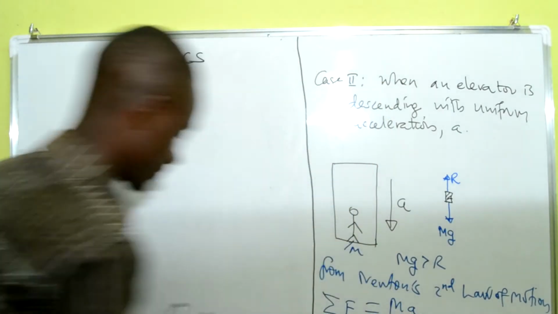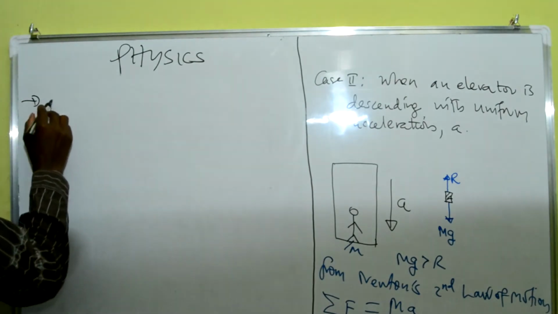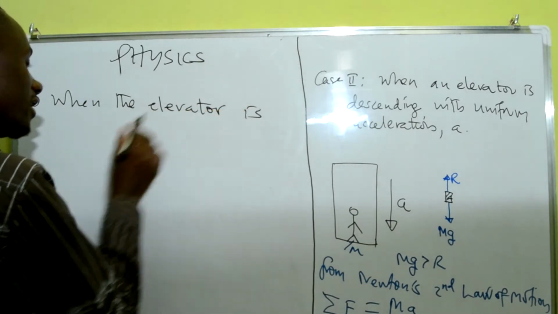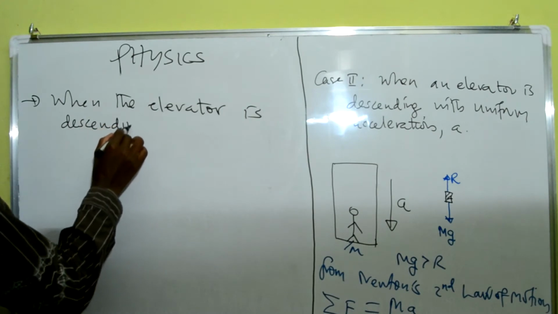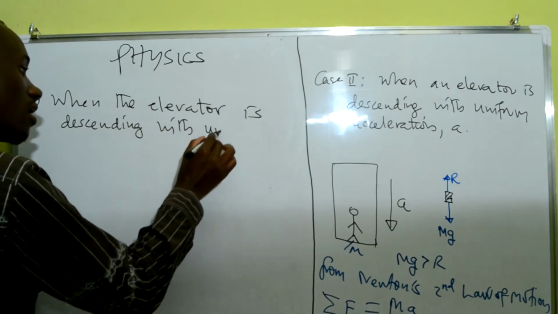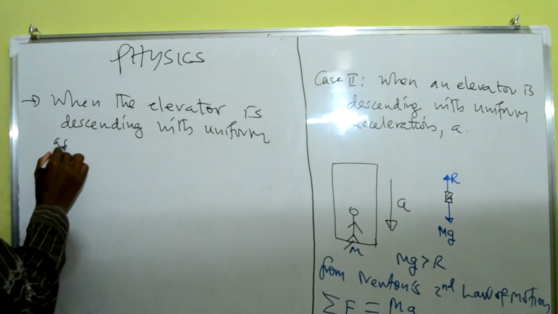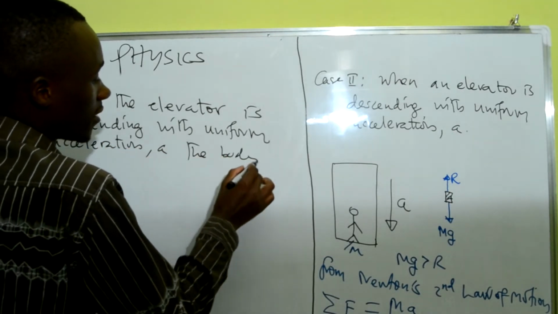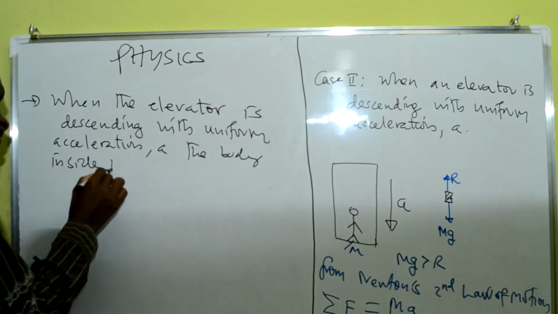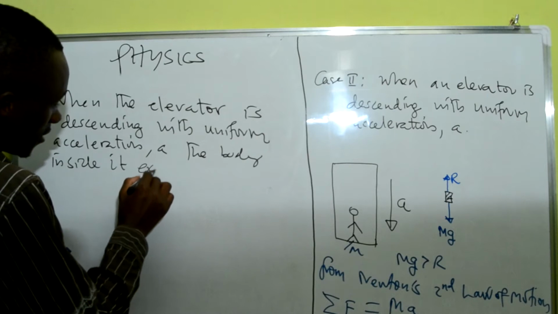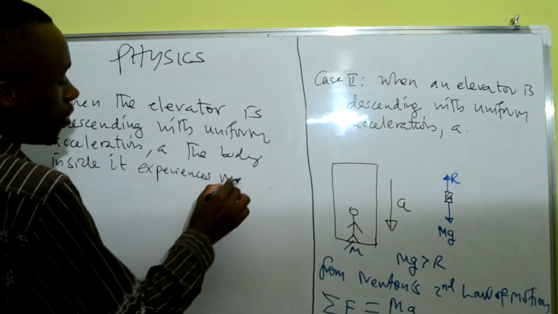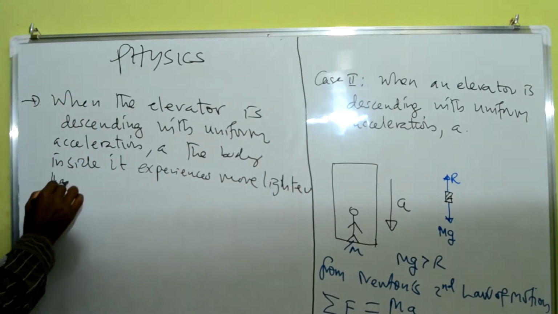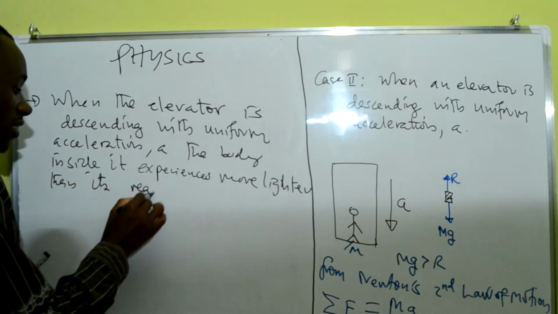Okay, we say that when the elevator is descending with uniform acceleration a, the body inside it experiences more lighter than its real weight.